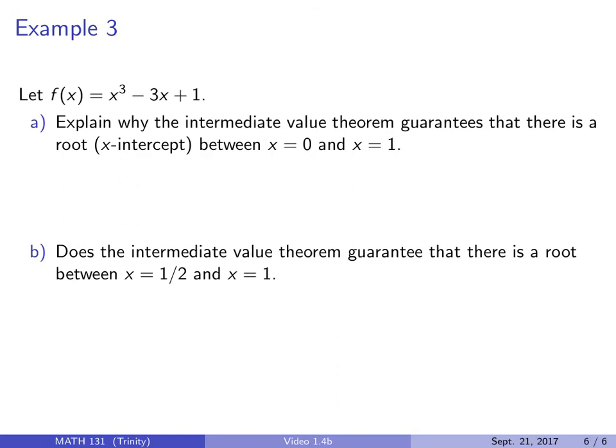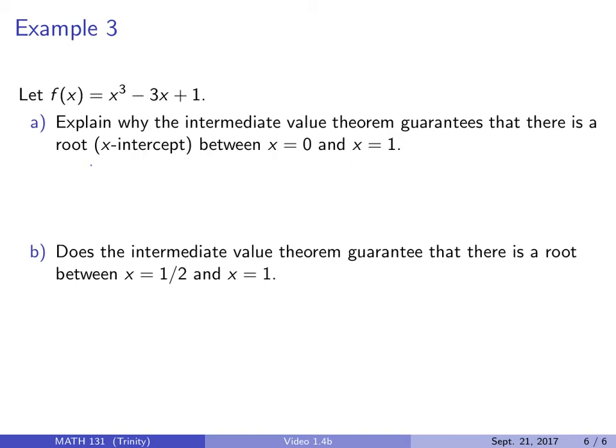The intermediate value theorem is also helpful in showing that a function has roots or x-intercepts on some interval. So let's look at the function f of x equals x cubed minus 3x plus 1. Now this is a function that we can't factor as easily, so finding the exact roots might be difficult, but I can at least use the intermediate value theorem to show that these roots exist.